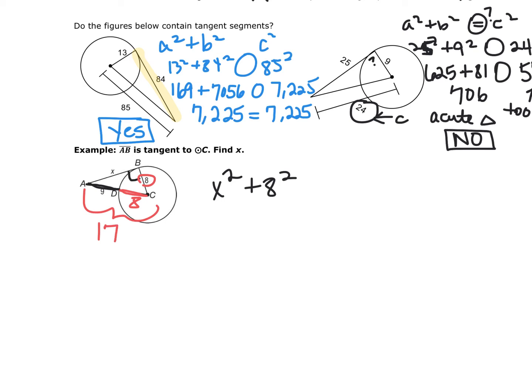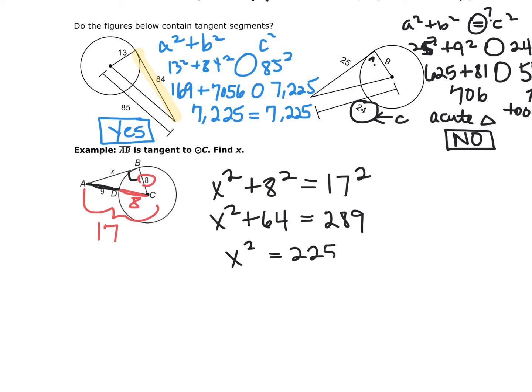That's 17. x squared plus 64 is equal to 289. Subtract 64 from both sides, and we get x squared is equal to 225. When we take the square root of both sides, we get x is the square root of 225, which is 15. So x is 15.